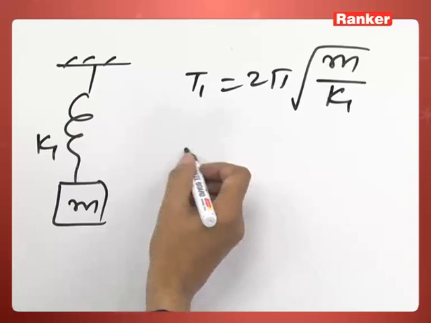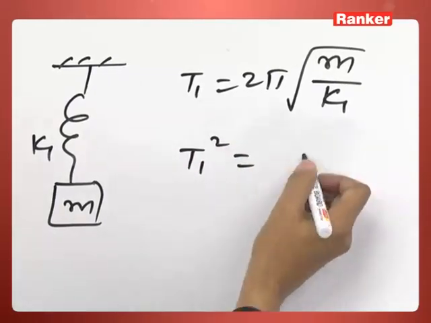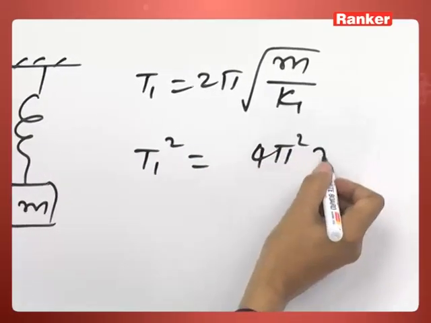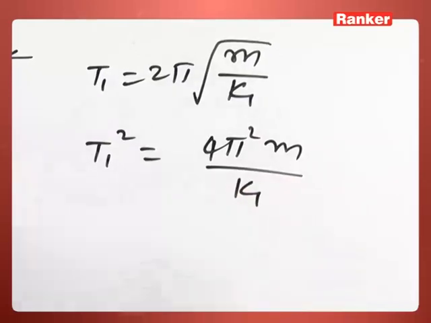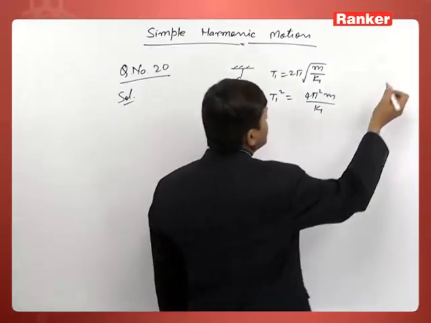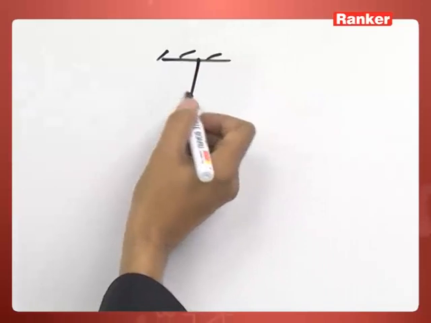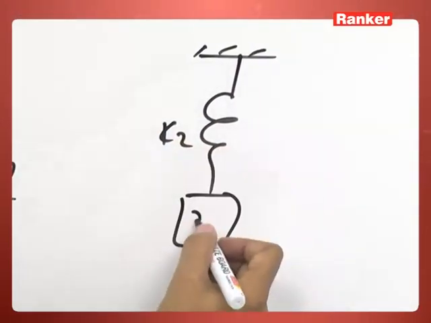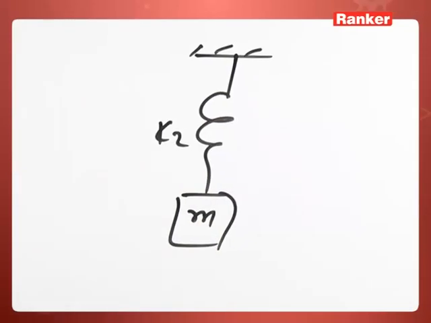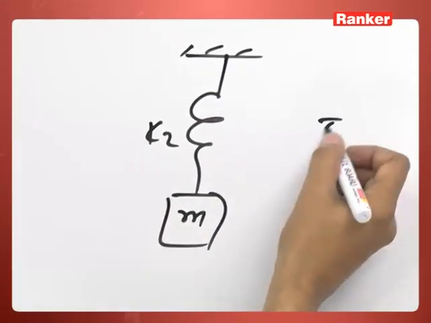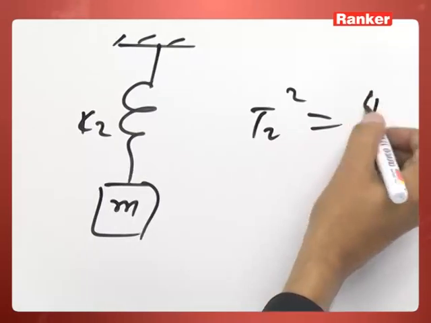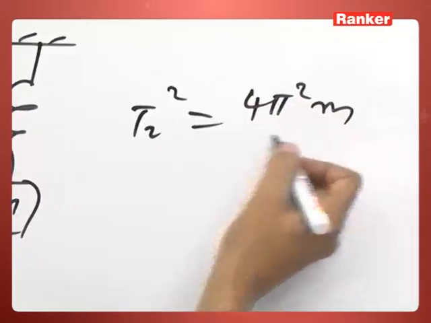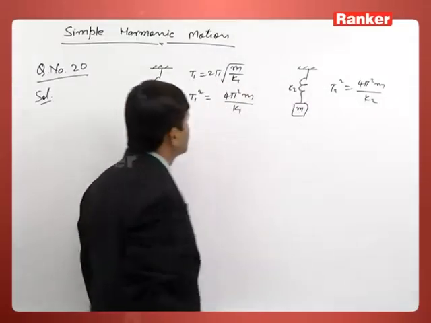So we can write T1 square is equal to 4 pi square m by K1. Similarly, in the second case, when the spring has force constant K2 and mass m, in the same way T2 square will be 4 pi square m by K2.